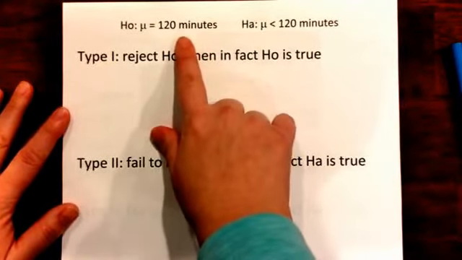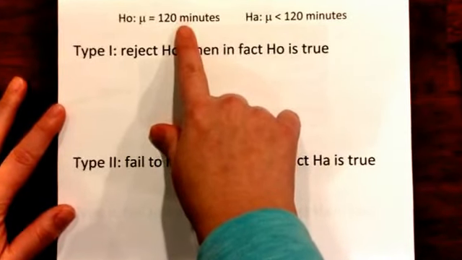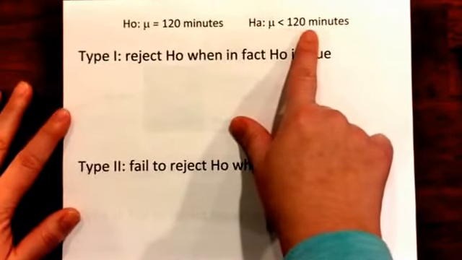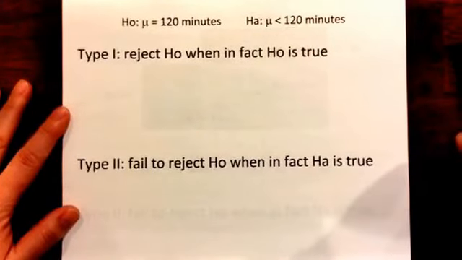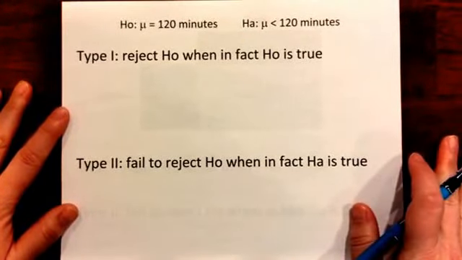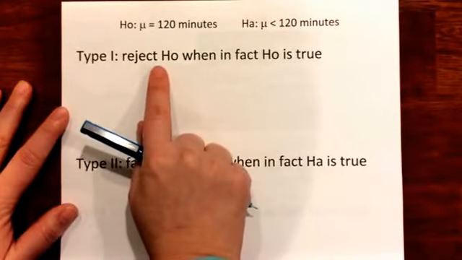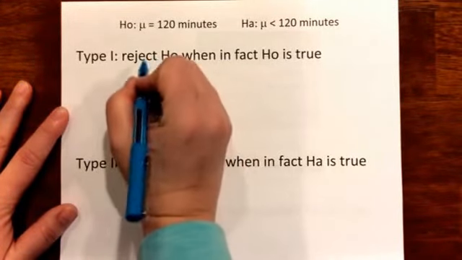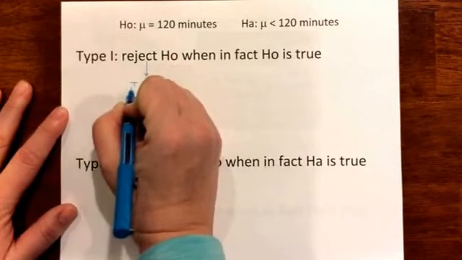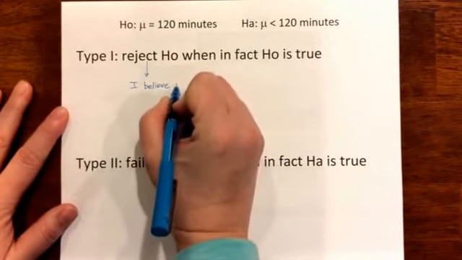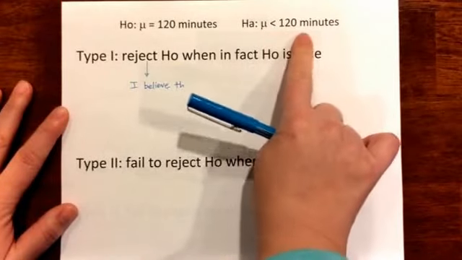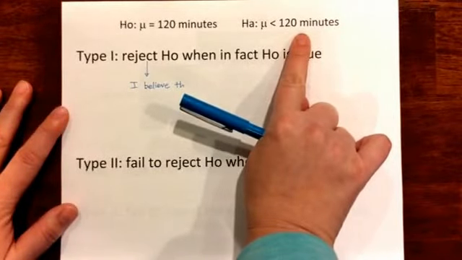Okay, so let's look at that example about the CEO again. In that problem, we set mu equals 120, and mu less than 120 was the claim, that the CEO claimed that less than 120 minutes were spent online. So if I'm going to reject H0, let's just start there. When you're finished with the test, you're going to say that you have significant evidence that the true mean time spent surfing the web is less than 120 minutes.